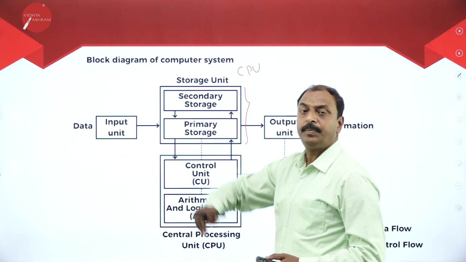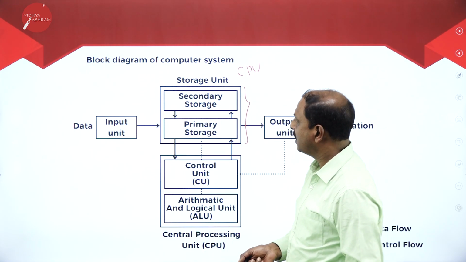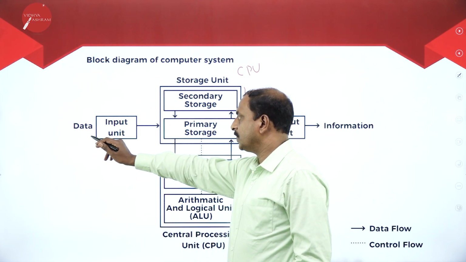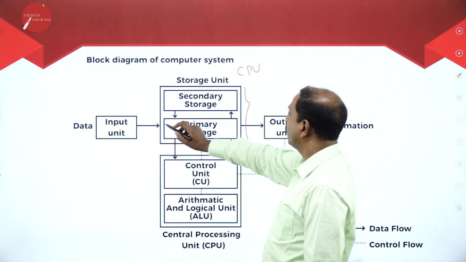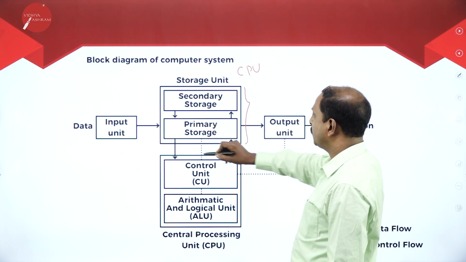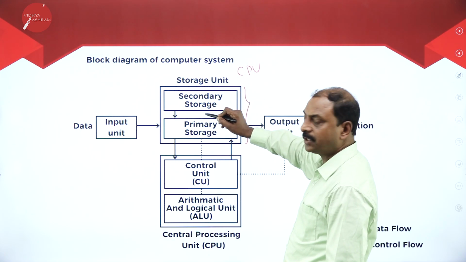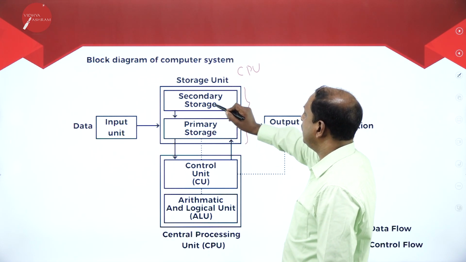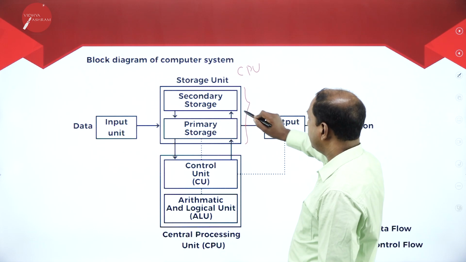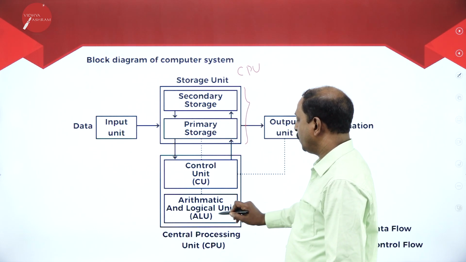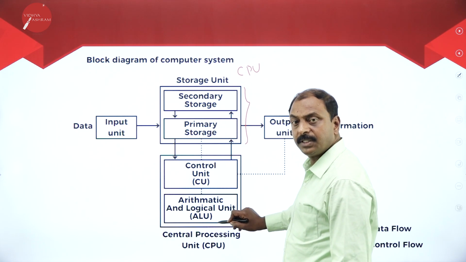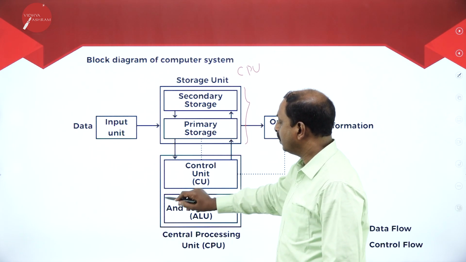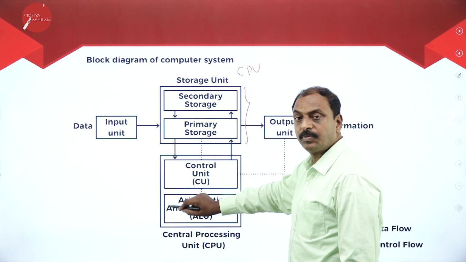So here I repeat once again, please understand this. First, the data that a user enters goes through the input unit to the memory unit for storage along with the instructions or the program, and then it moves to the ALU. The ALU is the place where arithmetic and logical operations take place, so it does all the different types of calculation.